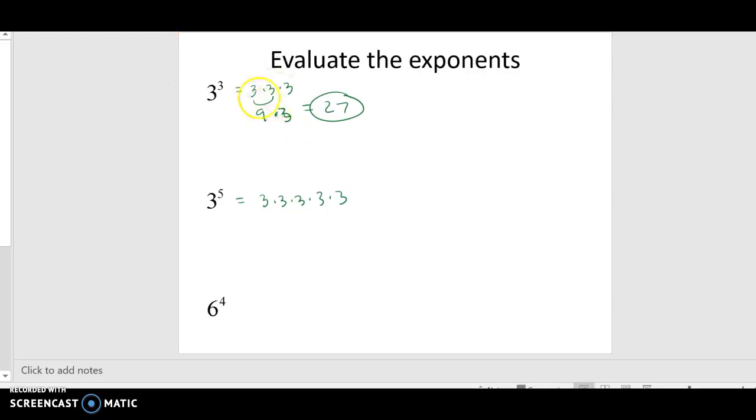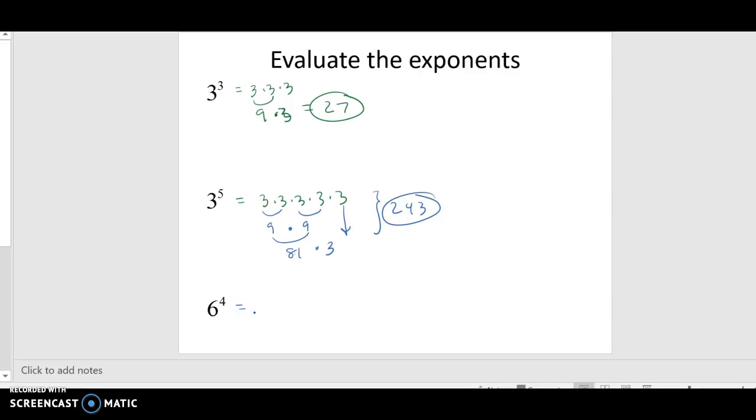Now, when I do these, I basically multiply these together, that's 9. Multiply these together, that's 9. 9 times 9 is 81, but I still have to multiply it by this 3. 81 times 3 gives you 243.